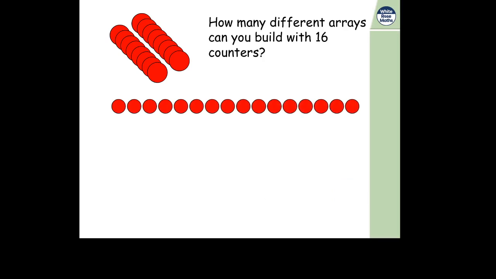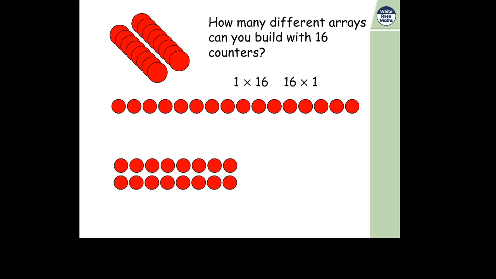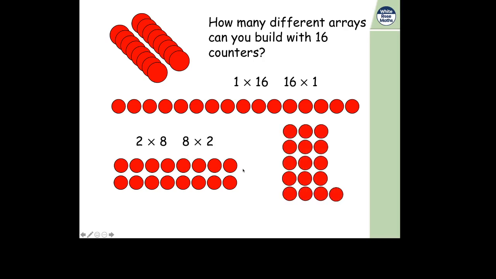Okay, so you could have had 16 in a row, one group of 16, or 16 times 1. You could have had them in 2 rows, so that would be 2 groups of 8, or 8 groups of 2 if you're going downwards. You could have had it like this. Oh no, you couldn't.